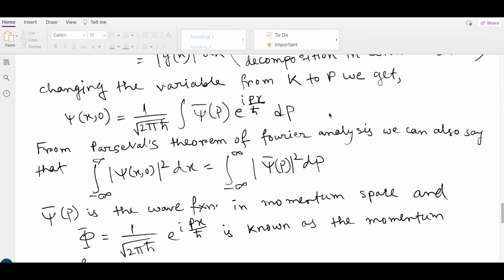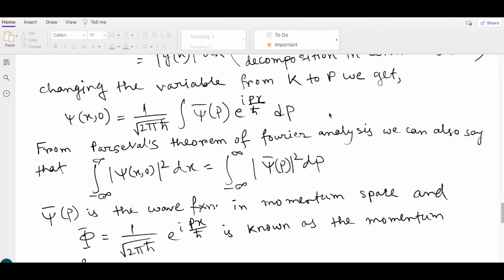Changing the variable from k to p, we are just changing the variable. So psi(x,0) can be written as 1 by root over 2 pi h cut integral psi bar(p) e to the power ipx by h cut dp, where g(k) is changed to psi bar(p), the wave function in the momentum space, not in the ordinary 3D space.